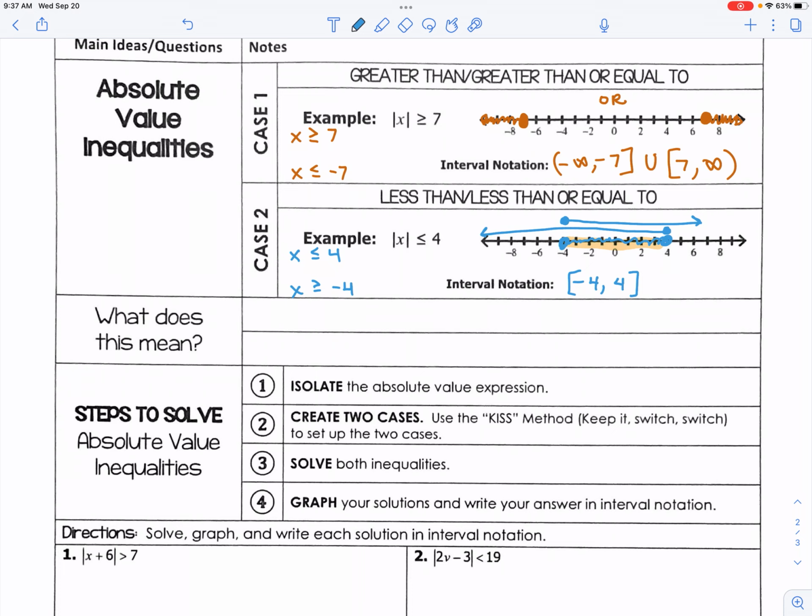So what does that mean? Well, if we think about what we just did a little while ago, absolute value inequalities are just compound inequalities. They are compound inequalities as well.